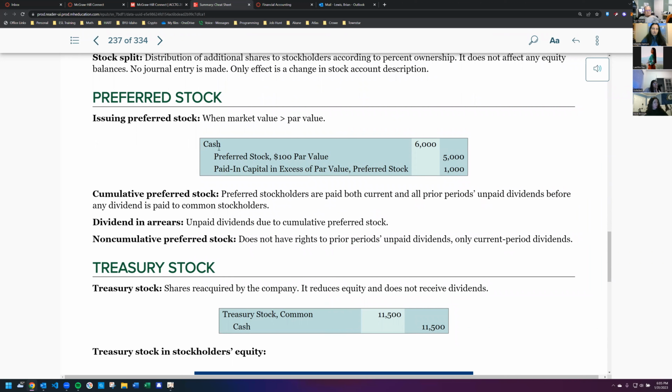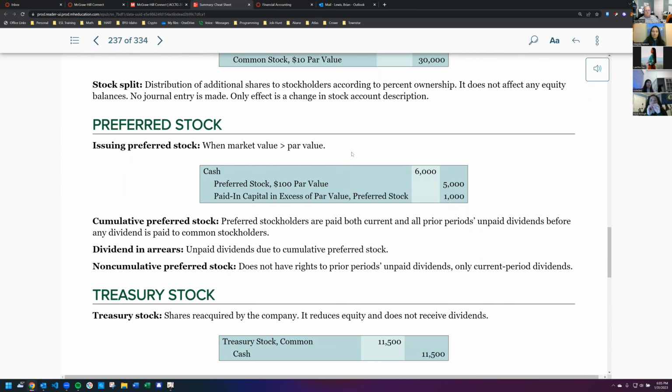You've got cash in and you're recording it to par and preferred stock at a particular par value. And if there's anything greater than it, in this case it was $100 par value and they sold it over par.